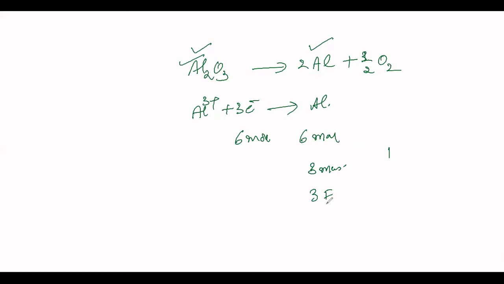16th question. This is very important. You should be thorough with the equations of the lead storage battery, both when it is in use and when it is being charged. When it is in use, lead acts as the anode and PbO2 as the cathode, and both are converted to PbSO4.